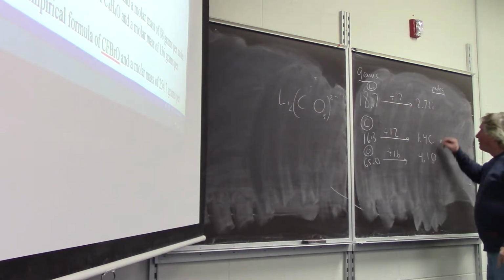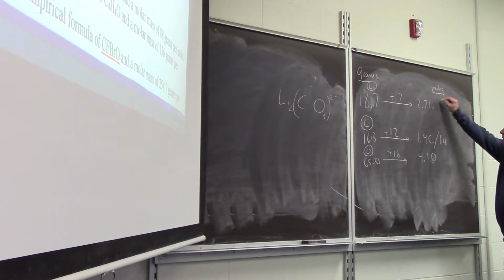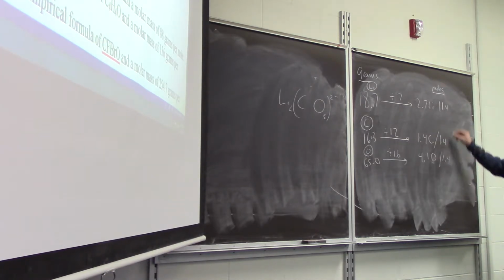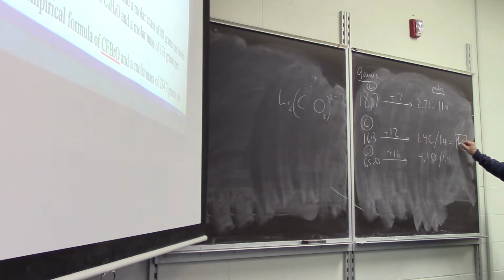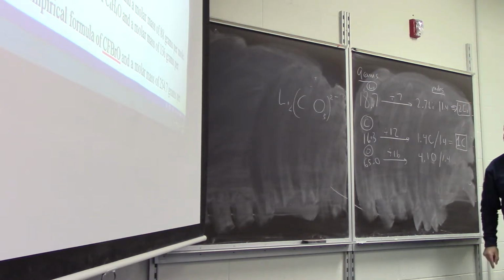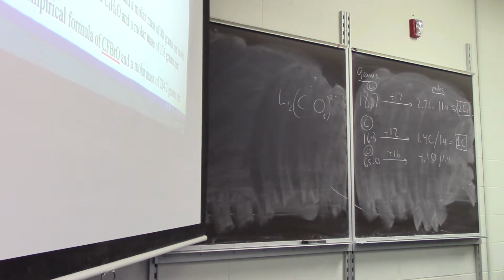All right, so I'm gonna divide by 1.4. That'll make this number here 1 carbon. All right, and when I do this, this is almost 2 lithiums. Unless it's like a third or a half or 0.6, those usually just go up to the nearest whole number. Because if you have a 0.3, that means it's a third, right?